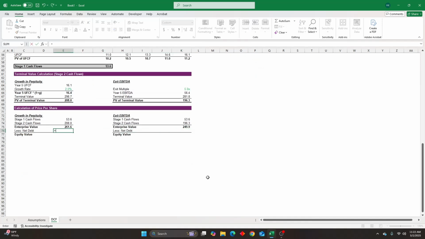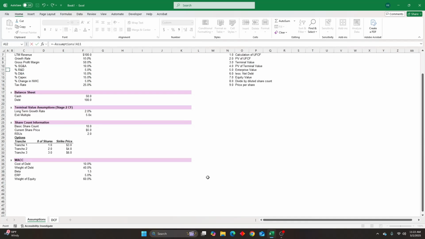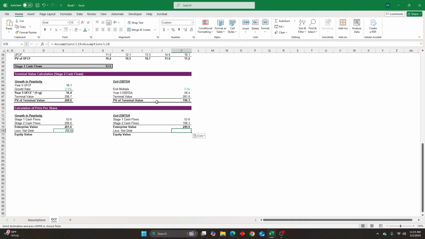So we'll do equals our debt less our cash. Let me lock this, because we have cash of 50 with debt of 100, so our net debt is going to be 50. So we'll subtract out that 50 to get to an equity value.